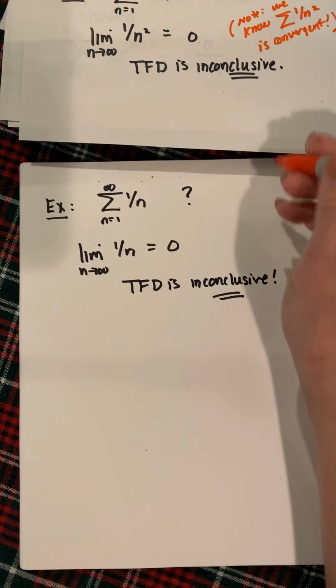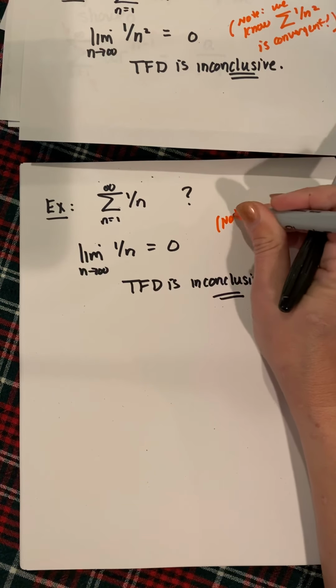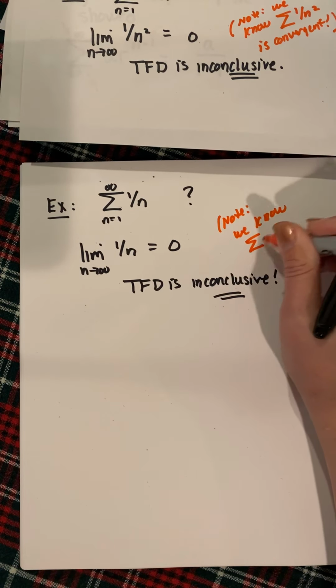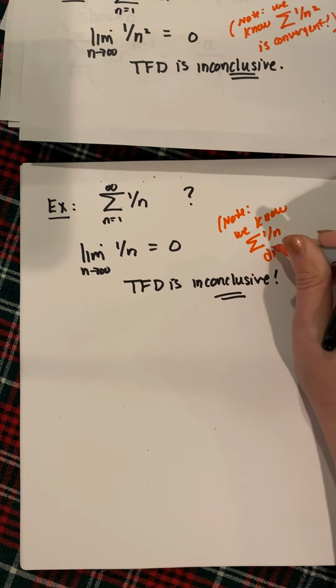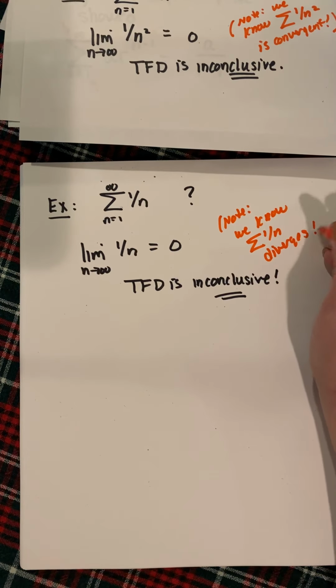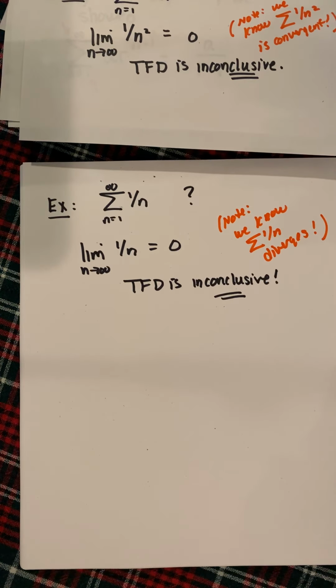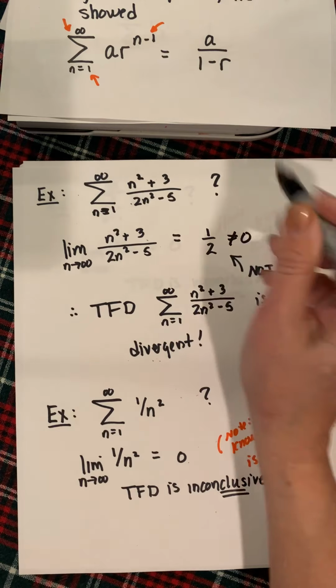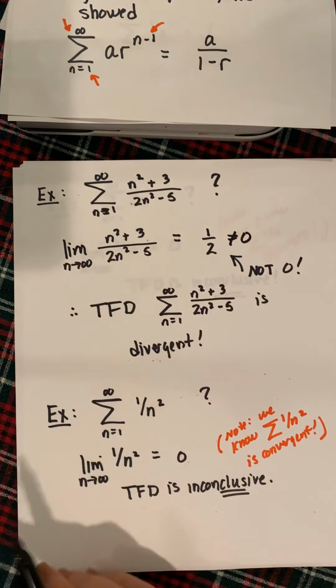As a matter of fact, this is a harmonic series. Note, we know that the harmonic series diverges. We looked at it, we compared it to the integral of 1 over x. So this is inconclusive. The only time the test for divergence is helpful is when the limit is not 0. When the limit is not 0, we can conclude that the original series is divergent.